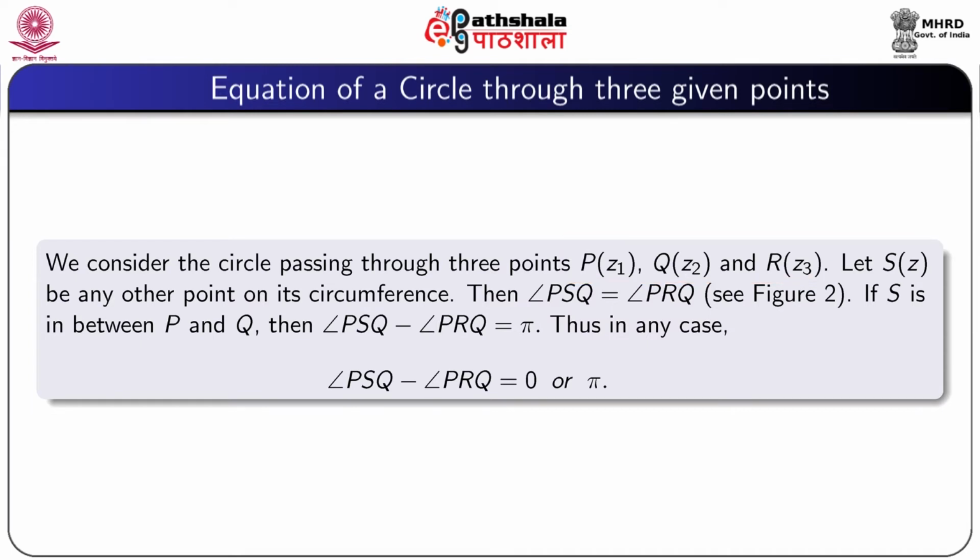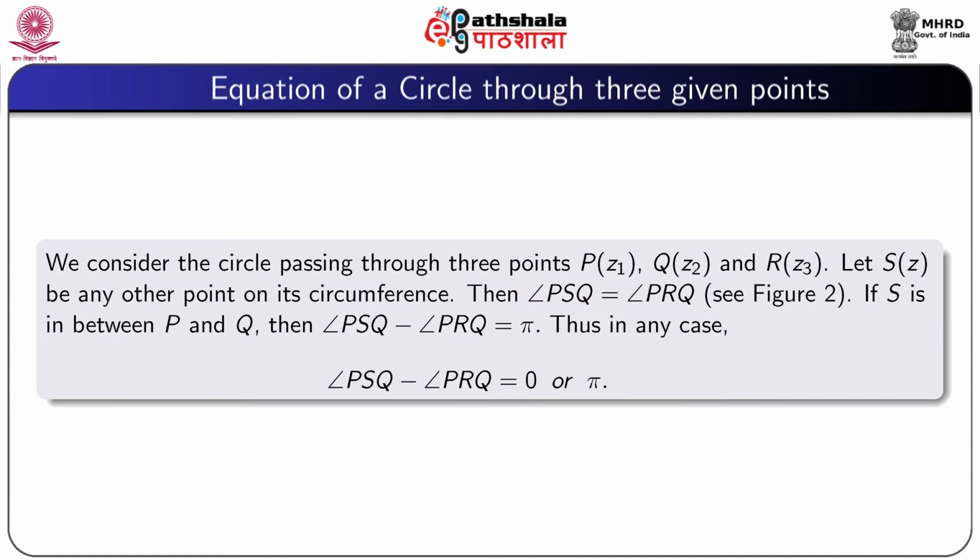We also suppose that S, whose coordinate is z, is any other point on its circumference. Then obviously angle PSQ is equal to angle PRQ. For this, see the next figure.